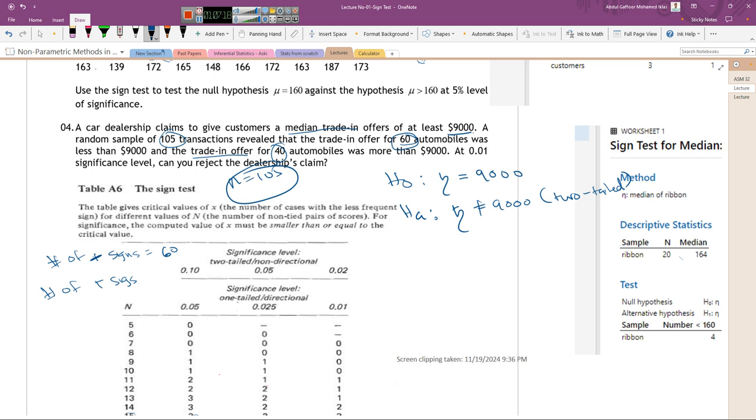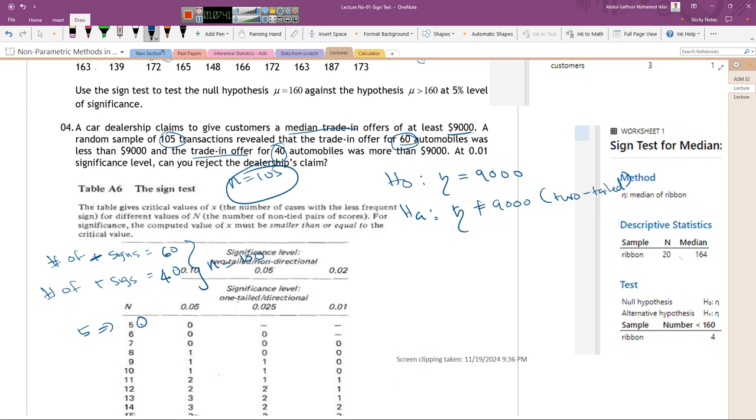If you subtract, you will get positive. So the number of positive signs is 40, right? If you add all together, now n is equal to 100. So 5 cars were assigned 0 because their trade-in offer was exactly $9,000.